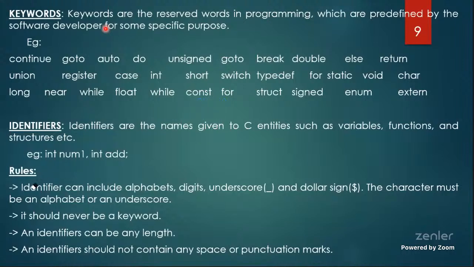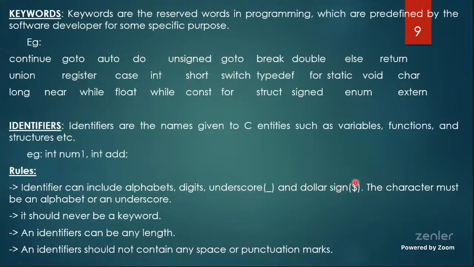The first one is: an identifier can include alphabets, digits, underscore, and dollar sign. Whenever you want to give a variable name or a function name or a structure name as an identifier, you can include alphabets, digits, underscore and dollar sign.